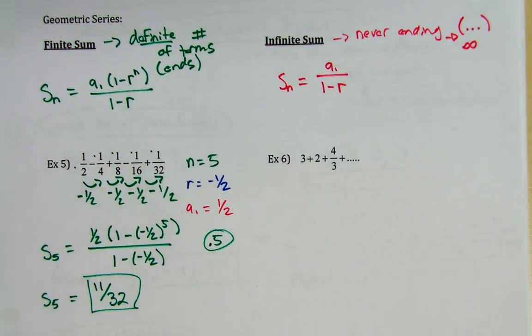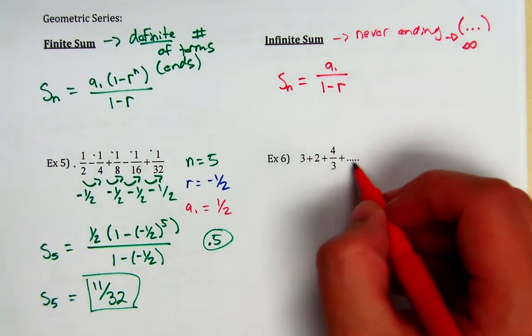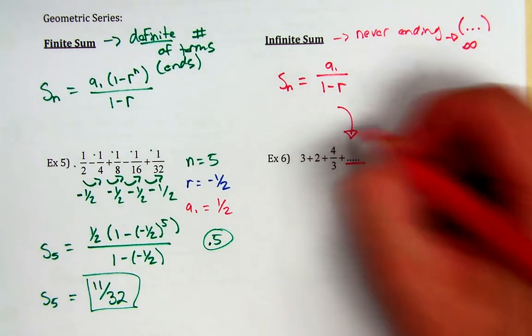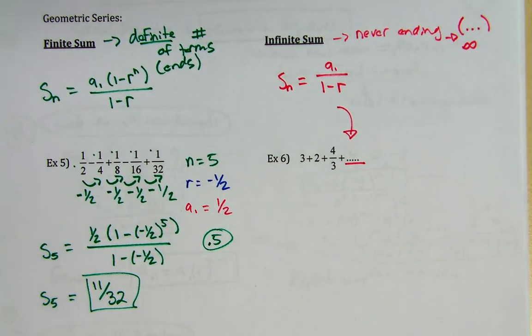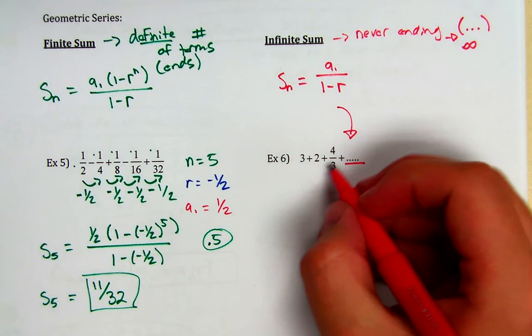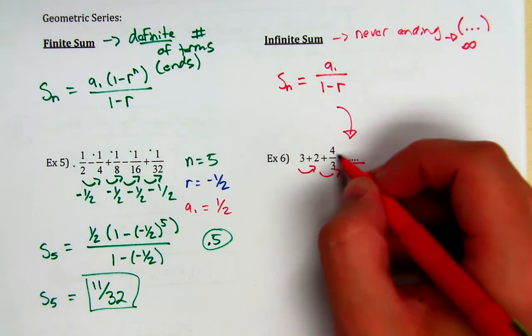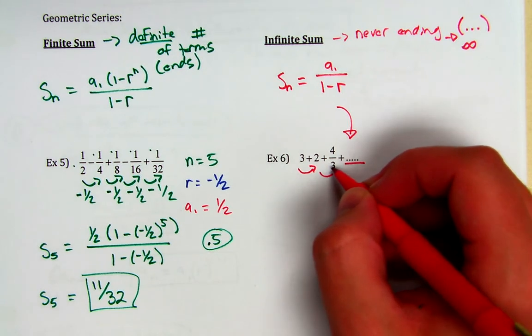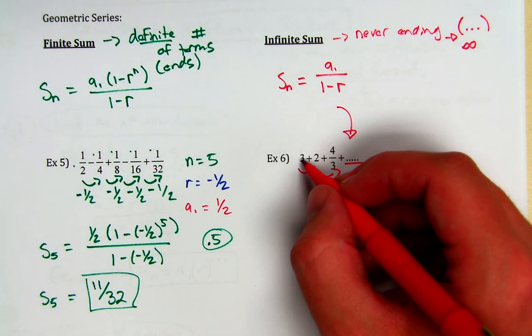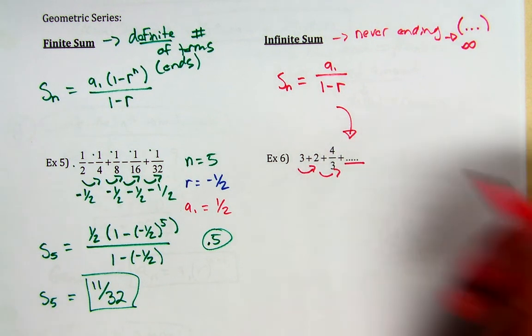Alright, before we move on to 7 and 8, again, here we know that this is going to be an infinite series. This is where it gets a little bit not so intuitive as to how we're getting to each term. This 3 is a key that you're probably dividing by 3. Well, 3 divided by 3 is 1. But how do I get to 2? Multiply by 2.